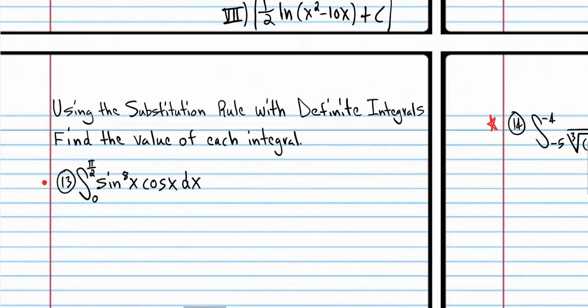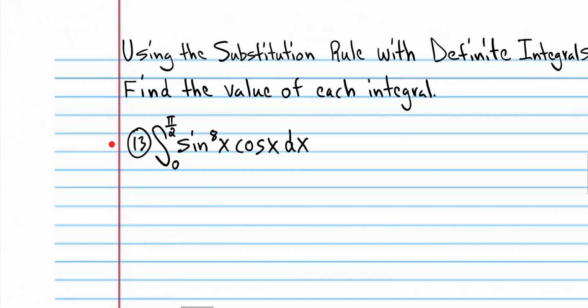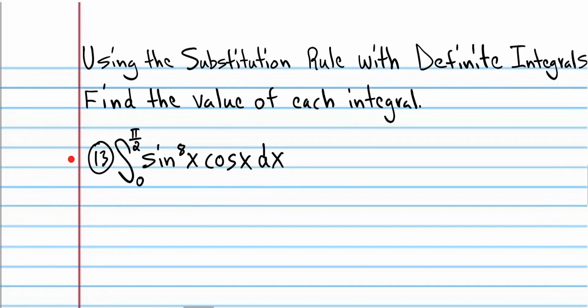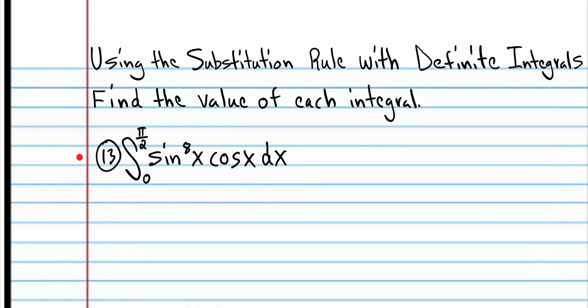Okay, so in the previous problems, we found a family of functions because we were trying to calculate indefinite integrals. But remember, if you have these numbers here, we're trying to find the value of a definite integral as opposed to an indefinite integral. And a definite integral is a number.